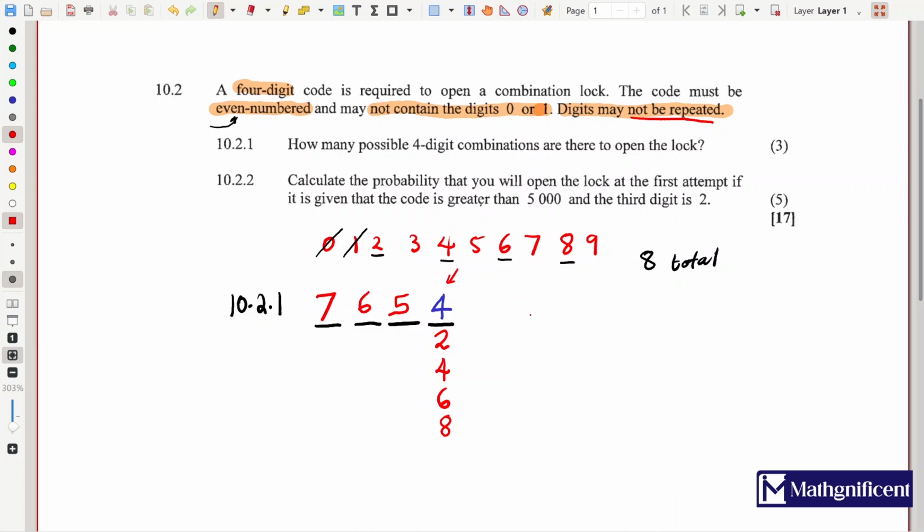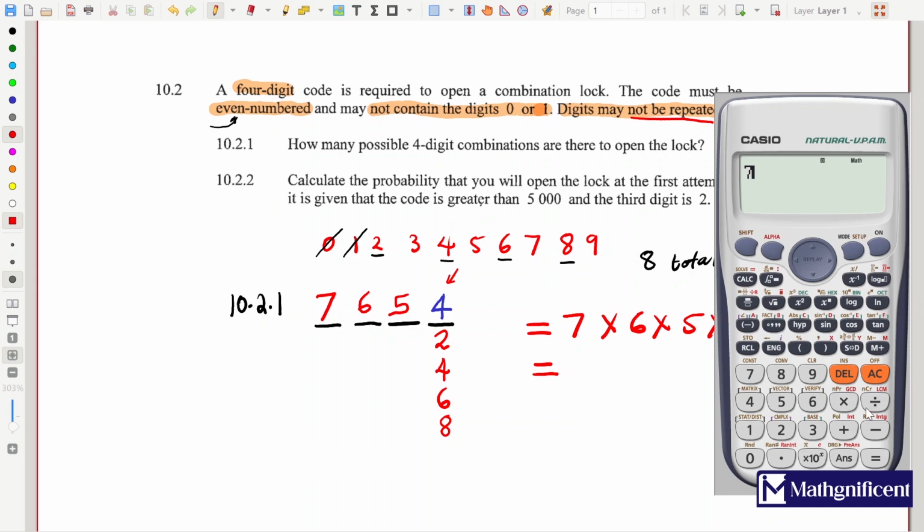To find the total number of possible 4-digit codes, this can be calculated as 7 times 6 times 5 times 4. We can just use a calculator, and you are going to get that our answer is 840.